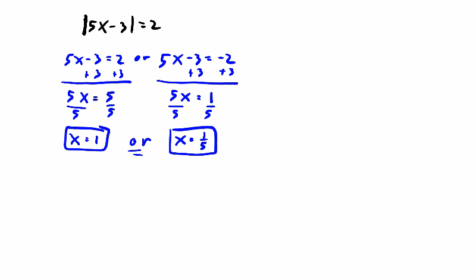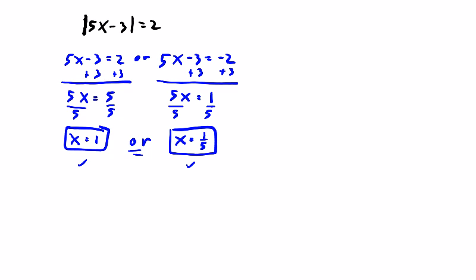It's good to note that the first one would make the quantity inside the absolute value sign equal to 2, and the second one would make the quantity inside the absolute value sign negative 2. So either one of those will in fact be solutions, and no other numbers would be.